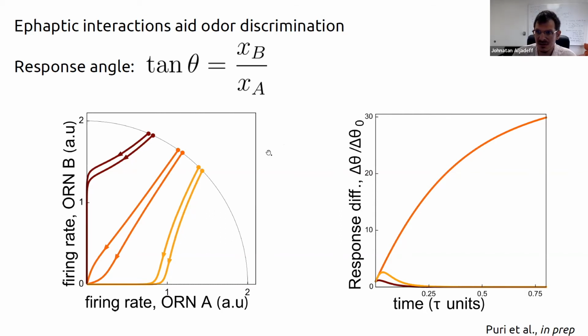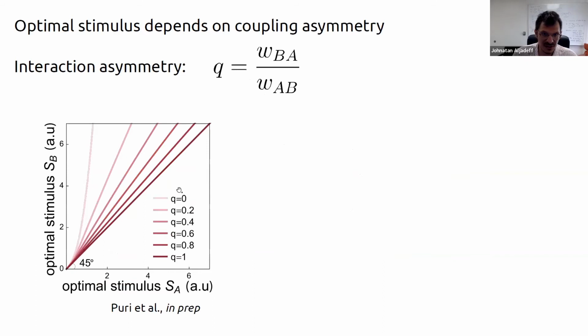This is also stimulus specific. So the plots in the previous slide were shown for a particular value of this parameter Q, which, I'm reminding you, is the asymmetry between the effect of coupling from neuron A to B relative to B to A. So when Q is equal to 1, the system is completely symmetric, and the odor that is most well discriminated is the one-to-one mixture.